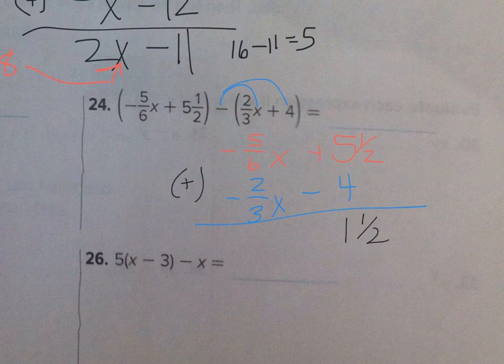And then when you take negative 5/6x minus 2/3x, you get negative 1 1/2x, and this is positive, so your final equation reads negative 1 1/2x plus 1 1/2.